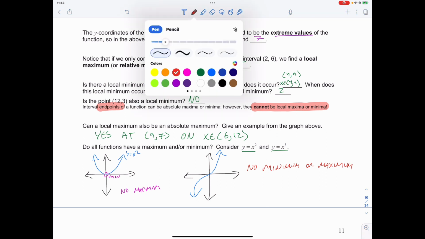So we can have multiple minimums and maximums occur, whether they're local or just a singular absolute one, or we can have none of them occur.